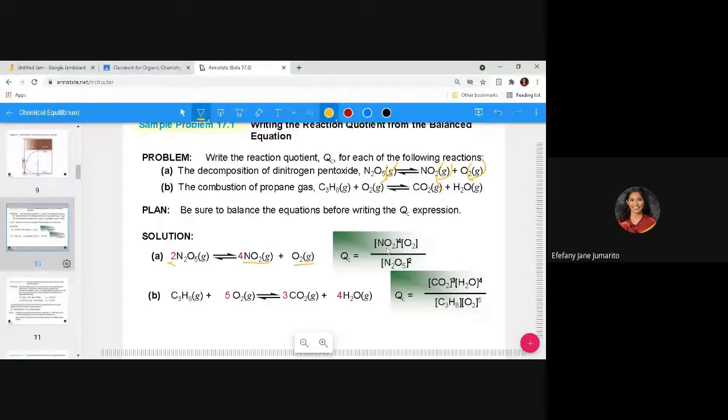We have NO2 raised to the 4 because of our coefficient 4, and then O2 raised to the 1, because of coefficient 1, but don't mind that. Over N2O5 raised to the power of 2. That's it.